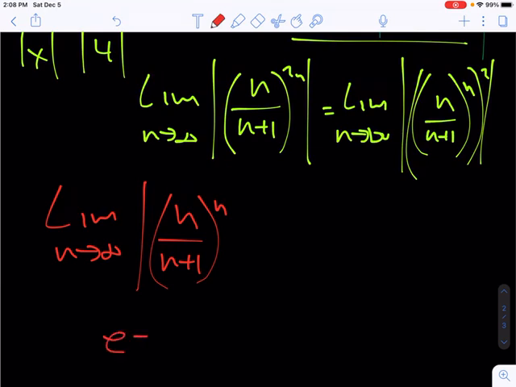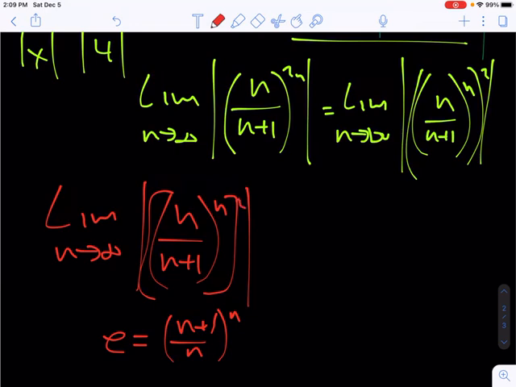E is defined as n plus 1 over n to the n. So this is the reciprocal of e. And so that is then being raised to the second power. So in other words, this all becomes 1 over e squared.